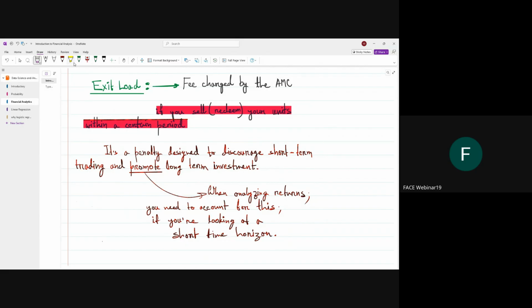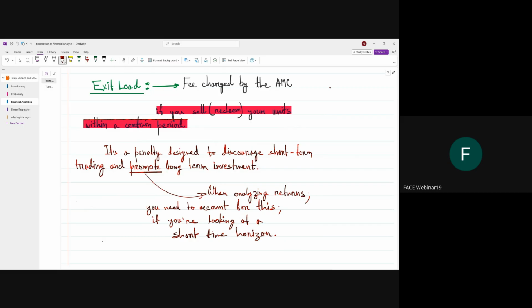Usually it's very less, sometimes it's 0.0007 also, it depends. Basically, it discourages you from taking your money out in the very short term, because most of the people actually lose money on short term investments, and it helps to promote a culture of investing for the long term.